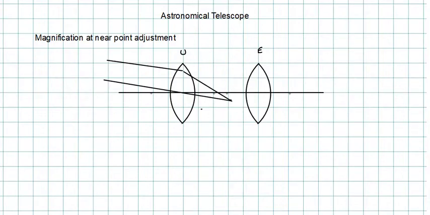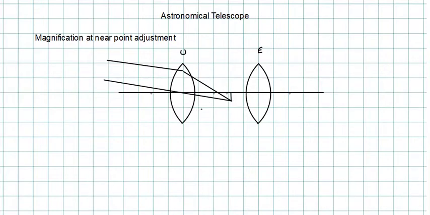So this is the image at the focus. Now this image acts as an object for the eyepiece. So again, we are going to consider two rays.